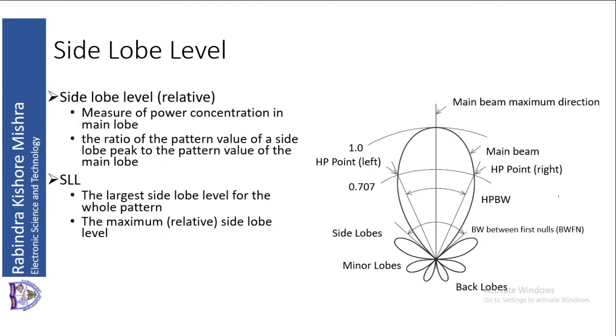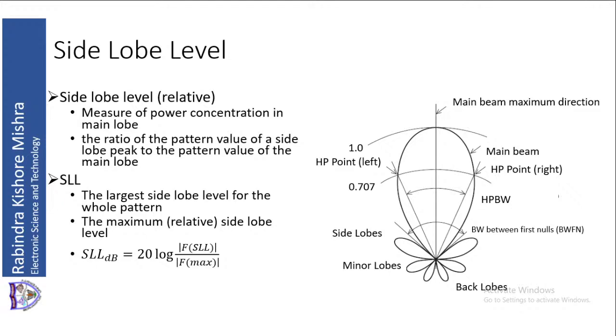The two minor lobes adjacent to the larger beam are called the side lobes because they are on the two sides of the main lobe, and they are connected to the main lobe. All other lobes are called minor lobes. There can be minor lobes and back lobes. We'll discuss that later, but let us concentrate on the side lobe.